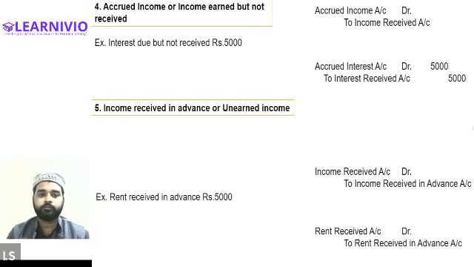Moving on to the next point, that is depreciation. As we all know, depreciation is basically a reduction in the value of the asset over a period of time. So what does depreciation do to our asset? Depreciation basically reduces the value of the asset. And if an asset reduces, we should credit the asset account, right?